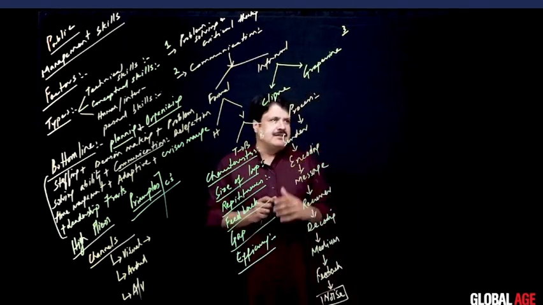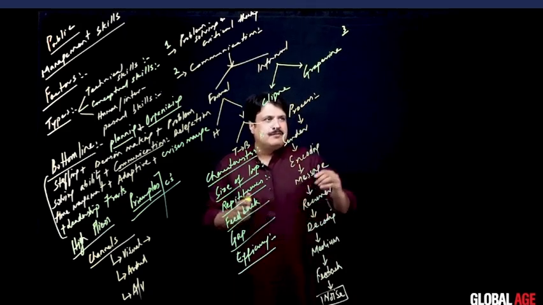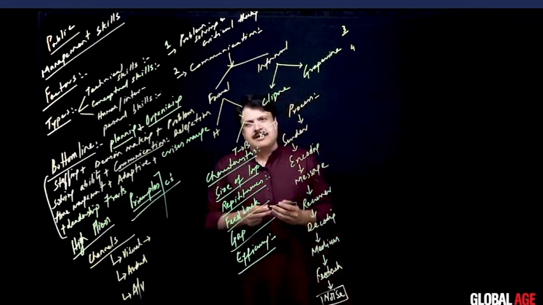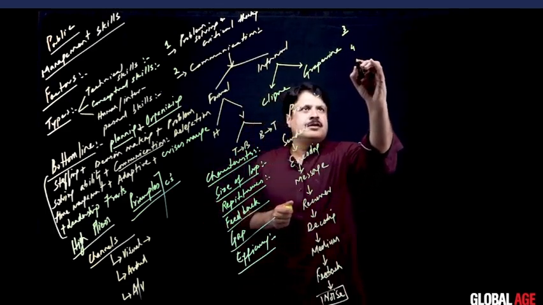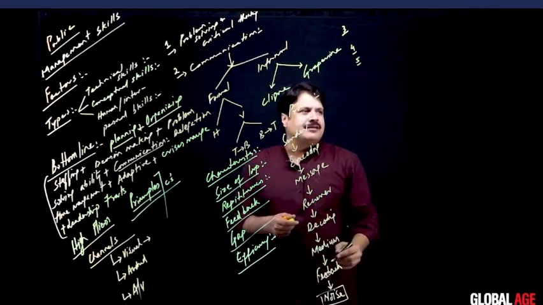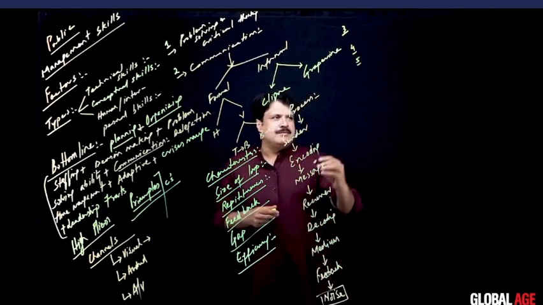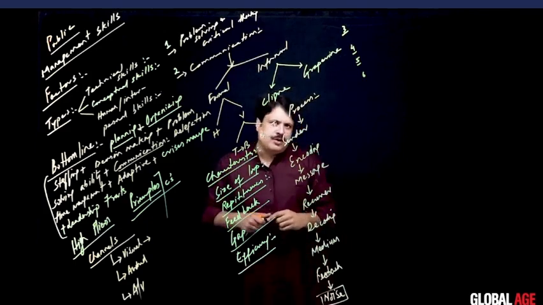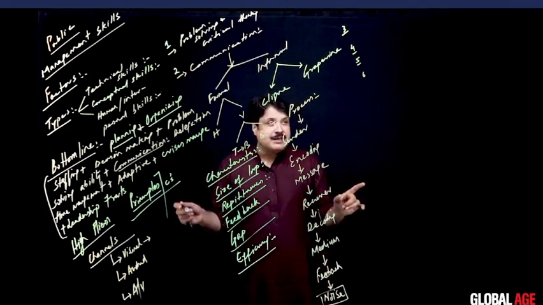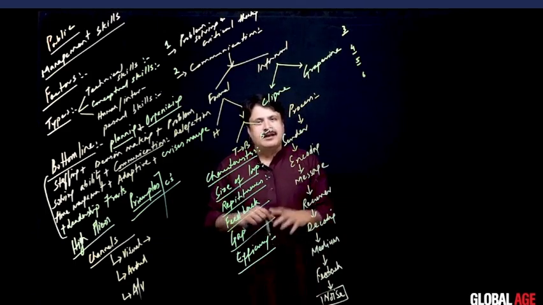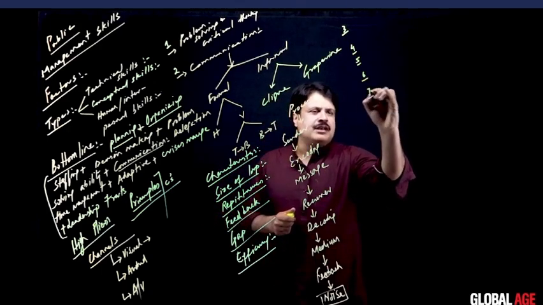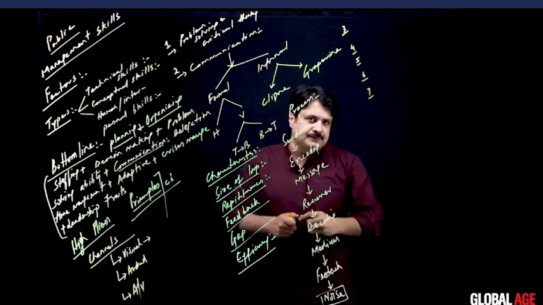Number 4, you need to show respect for your hierarchy. Number 5, you need to be resilient. Number 6, you need to show ability to work with collaboration, with coordination, in a teamwork. And the last thing, you need to show leadership skills.